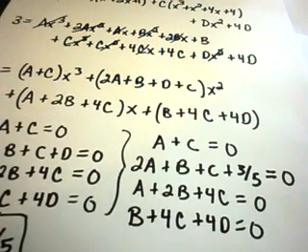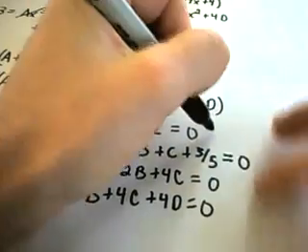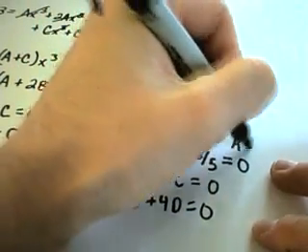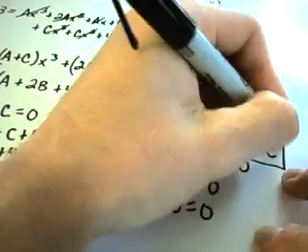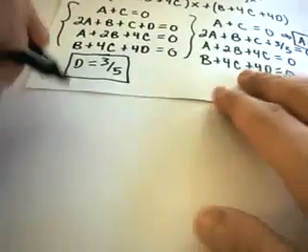Let's see, what's the best way to do this one here? What I'm going to do is, let me rewrite this one more time. I'm going to take my first equation and solve that. This will give me that a equals negative c. And now I'm going to start plugging that into the other equations.